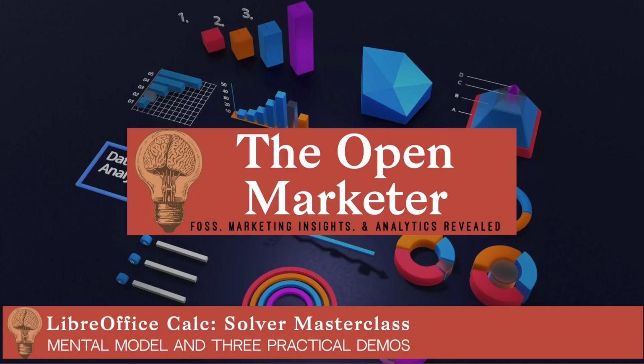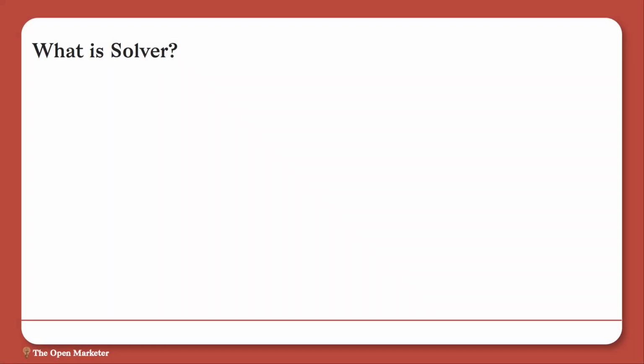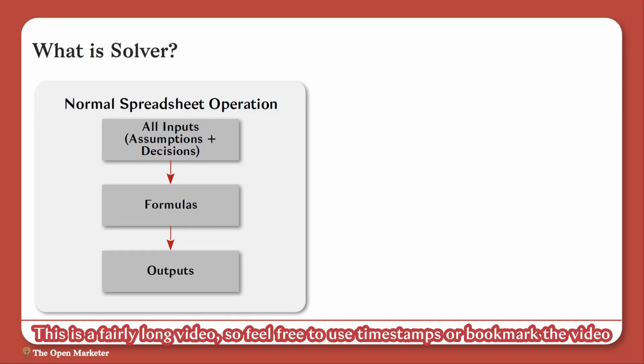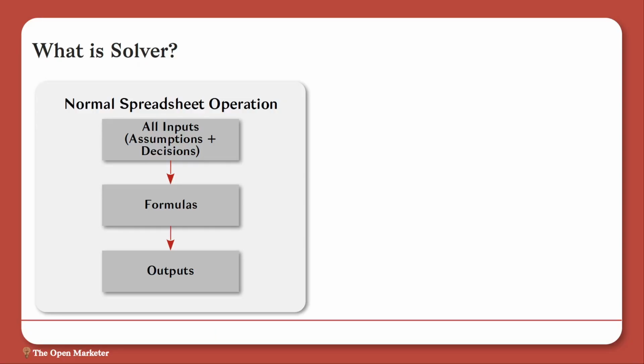The first of these tools is the solver. If you're new to Solver, let's start with what it is. Normally, when you're working with a spreadsheet, you have your inputs and you have some formula or models that work on the inputs to get you to an output.